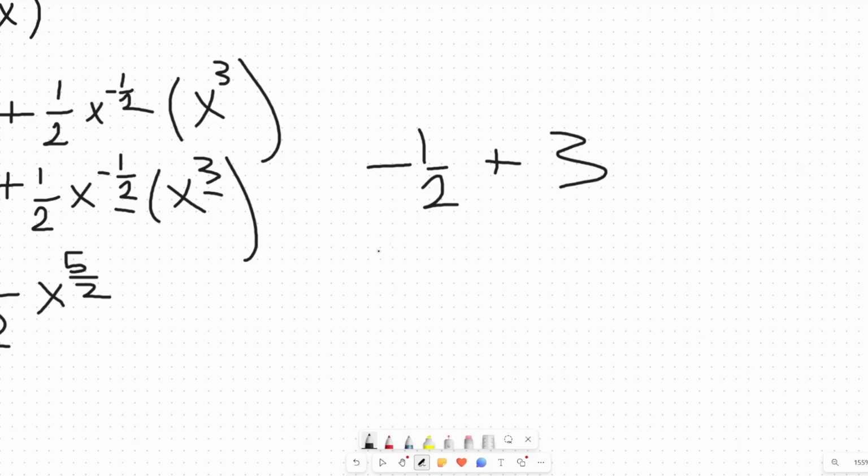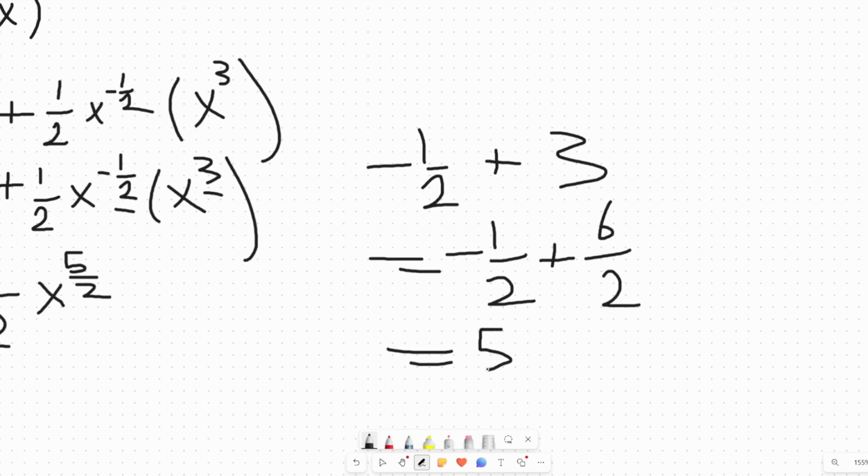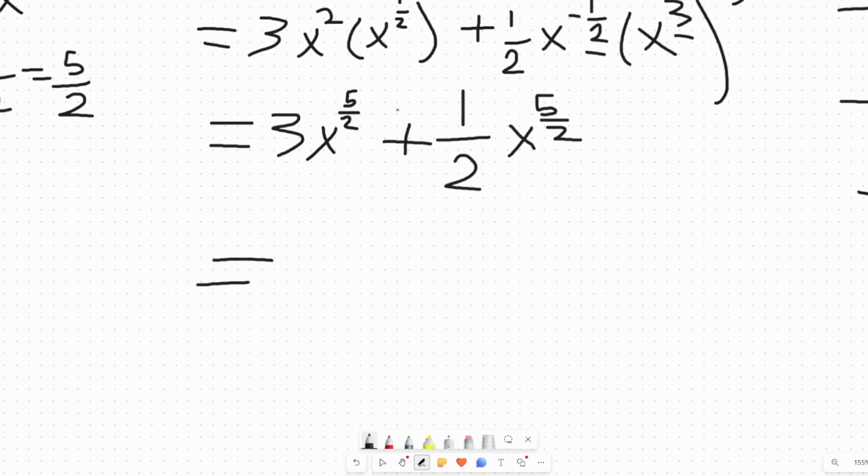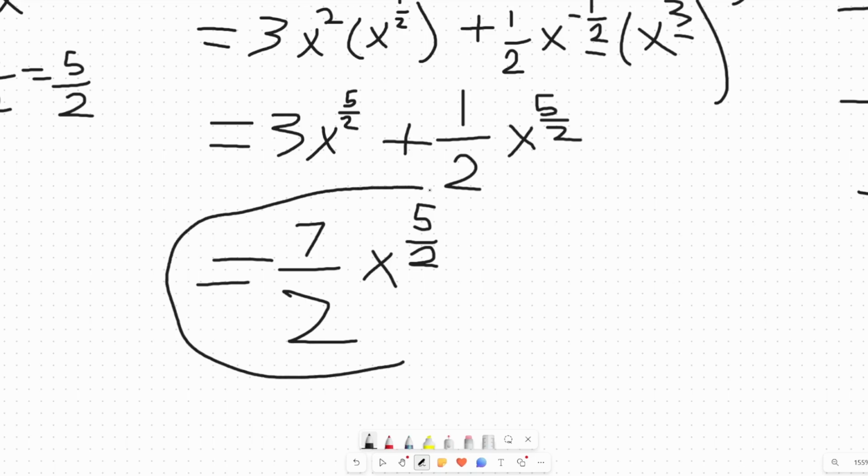So plus 3 is equal to negative 1 over 2 plus 6 over 2, which is equal to 5 over 2 as well. All right, so now we can go back over here, and we can just simplify this because they're both 5 over 2. So you can write it as 7 over 2. That's a terrible 7. 7 over 2 x to the 5 over 2. And that's the final answer.